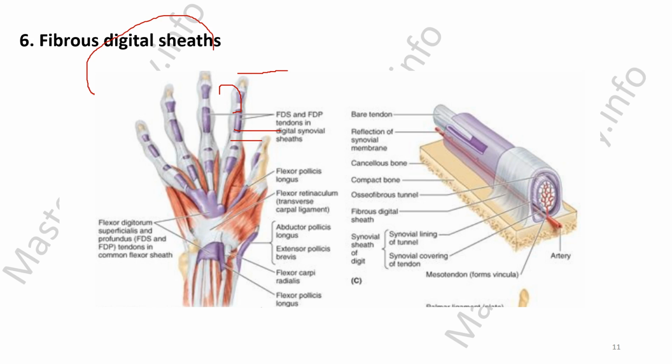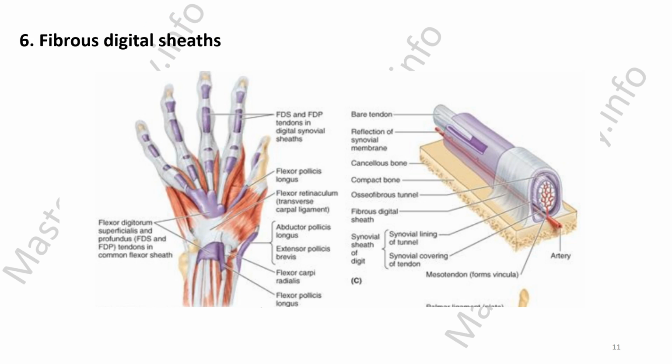So these are the fibrous digital sheath extending throughout the digits. And remember, it's a continuation of the digital slip that bifurcates from the palmar aponeurosis.